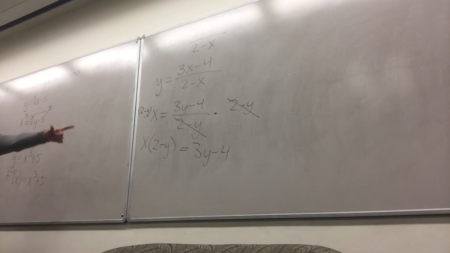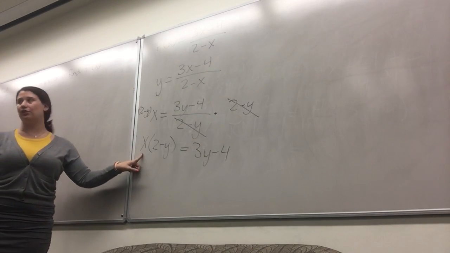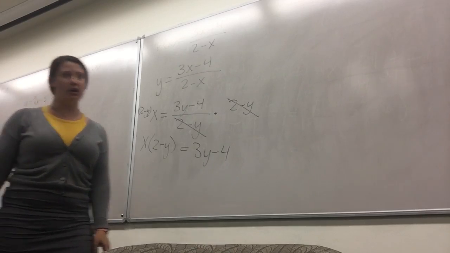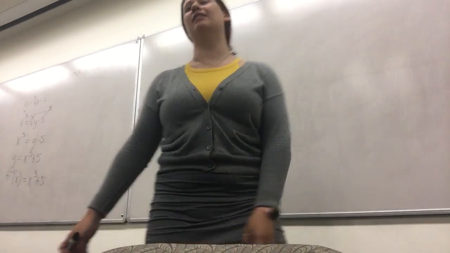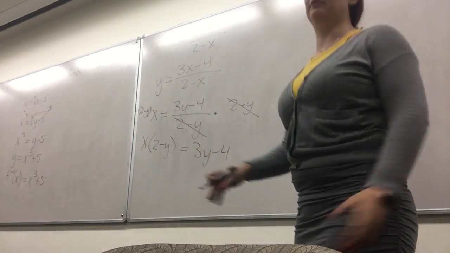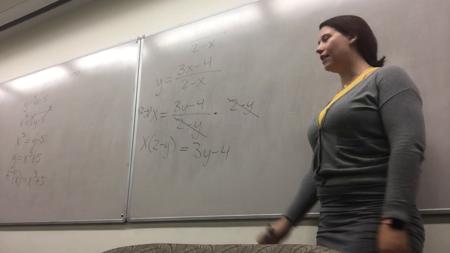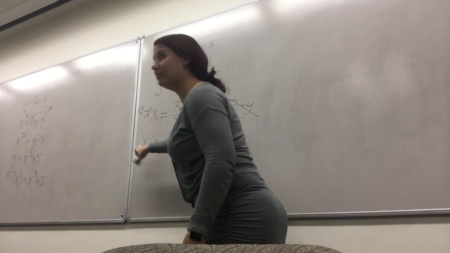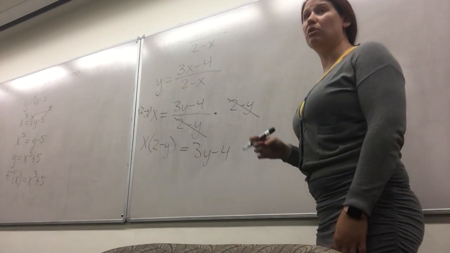Now what? How do we get that y over with the other y? Dilemma. We have to distribute that x. The only way to move that y is to give it more stuff before we can move it. We have to make it not multiplied by something. So go ahead and multiply it out.